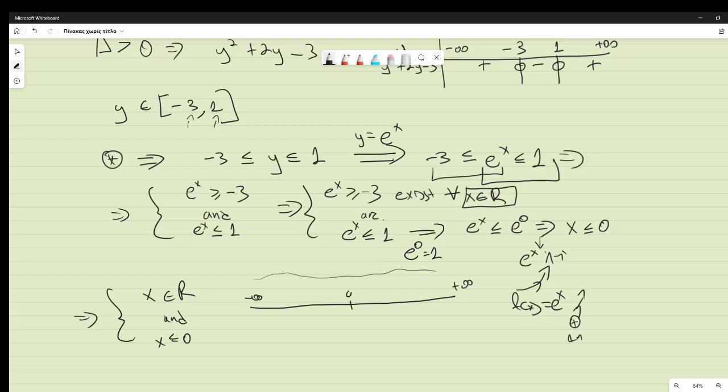We have 0 here in the middle, so the values will be 0 and whatever is left of 0, all the negative values. So we solved our inequality star, and the final solution is x must be smaller or equal to 0, or x belongs to minus infinity, 0 with a closed bracket here, because x can be 0 too.